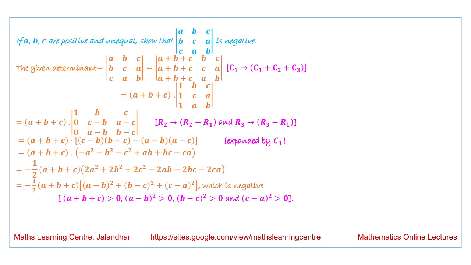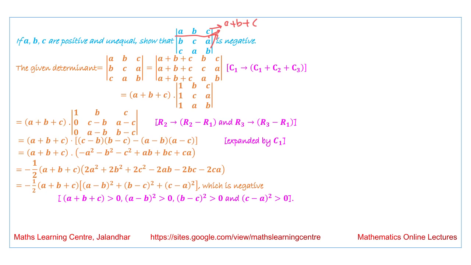Next, if a, b, c are positive and unequal, we have to show that this determinant is negative. Looking at the elements of this determinant, the sum of all three in the first row is a plus b plus c, and similarly for the second and third.